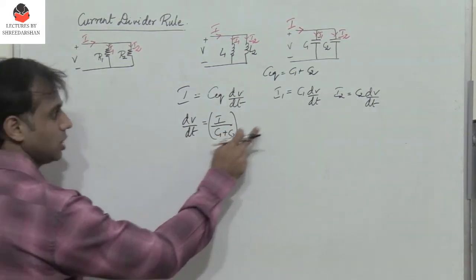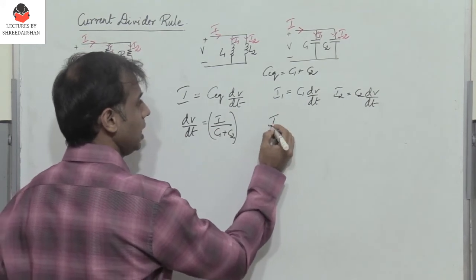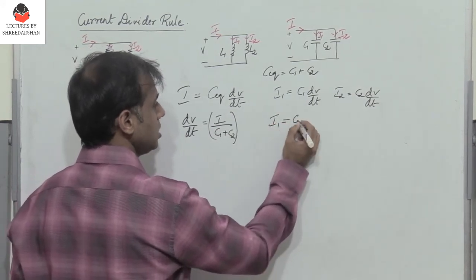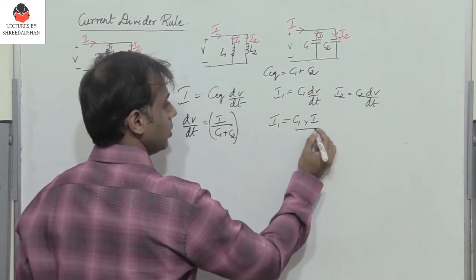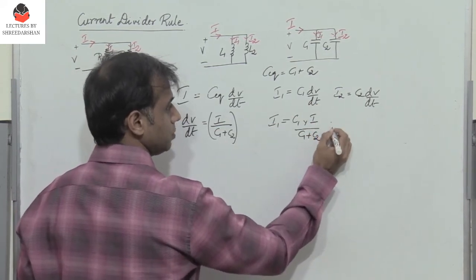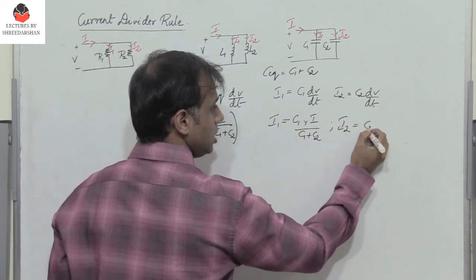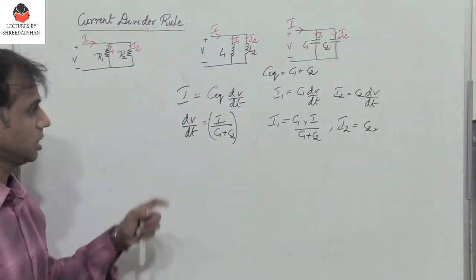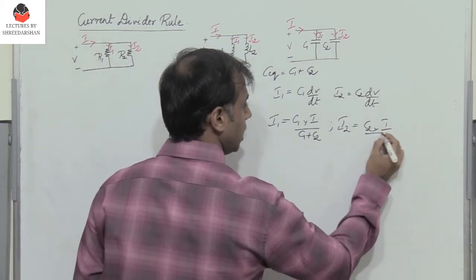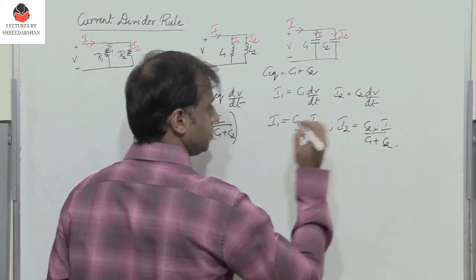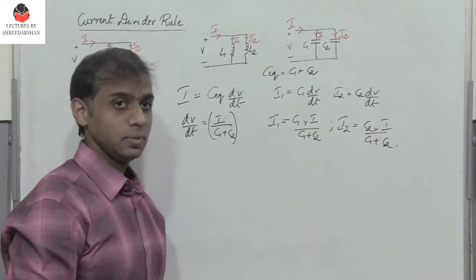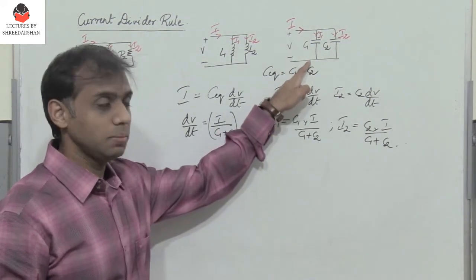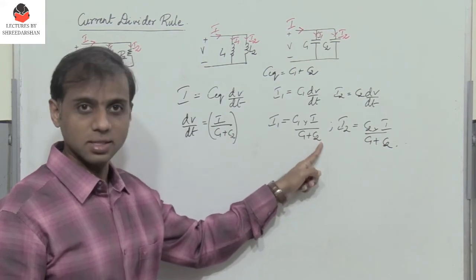So let me substitute that here in this expression. So I1 equals C1 into dV by dt, which is I divided by C1 plus C2. And what is I2? It is C2 into dV by dt, which is I divided by C1 plus C2. So what is the current flowing through C1? It is the total current into the capacitance of the same branch divided by the sum of capacitances.